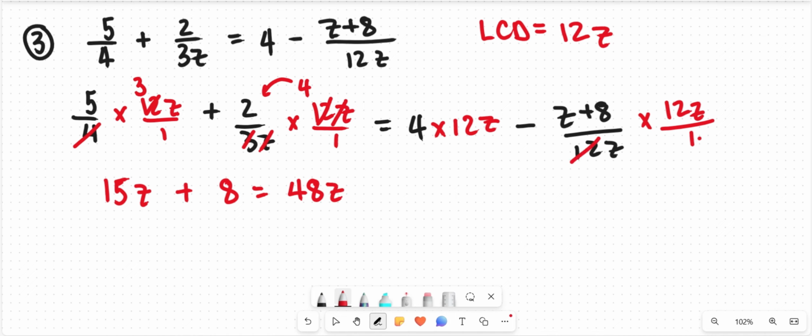Then 12 goes there once, and the z and z cancel. So you're essentially left with the 1 that is multiplying this binomial. But how do I represent it? Since I have this negative there, I write a -1 with the binomial inside of the bracket.